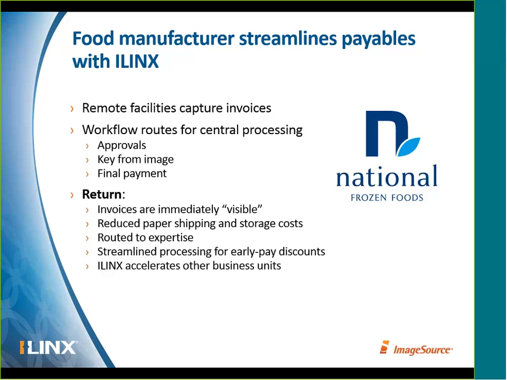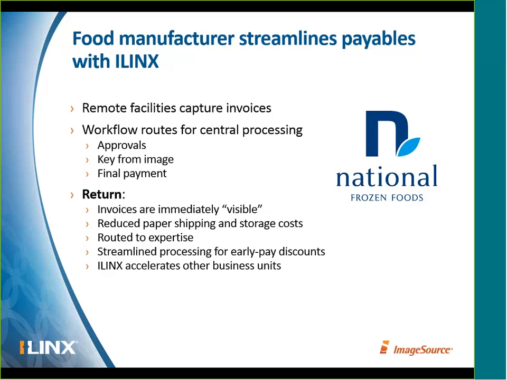Now, several key attributes of ILINX have allowed them to accelerate their business. For one thing, there's no paper shipping delays and costs associated with moving the invoices from those remote facilities to the central payment processing center. And information is immediately visible throughout the organization. Now, some of the information is actually captured at the remote sites.